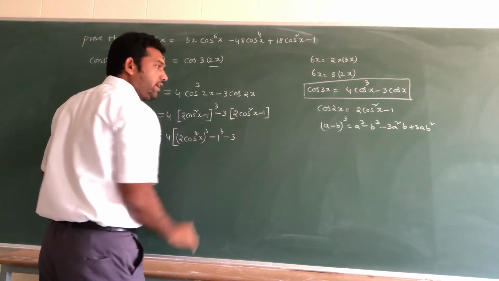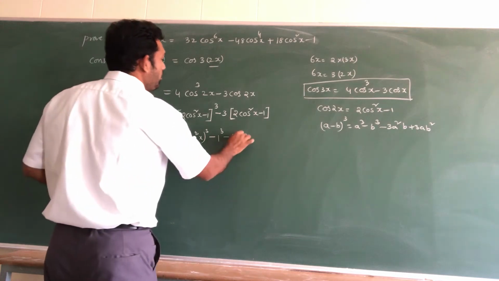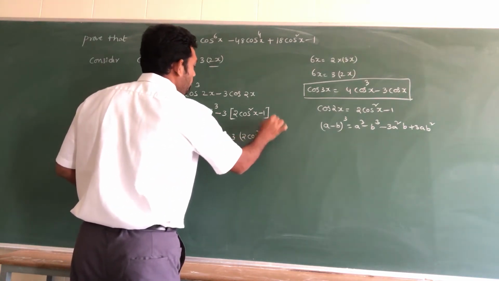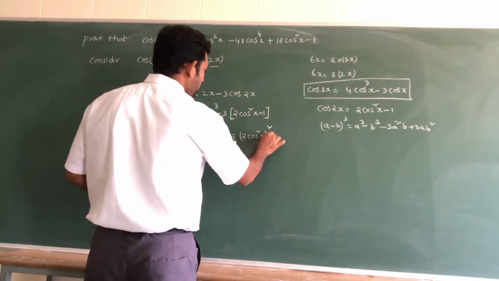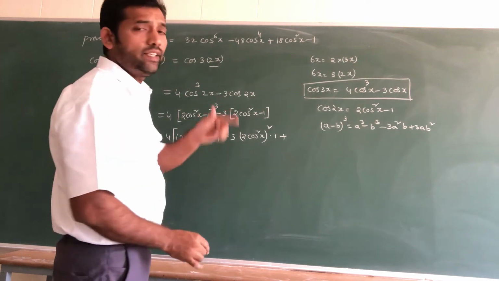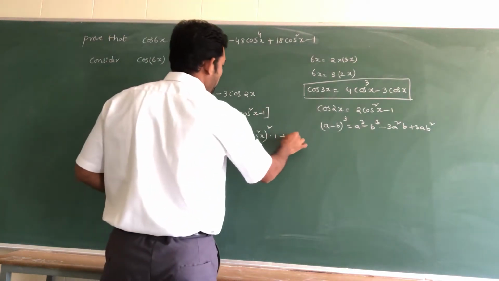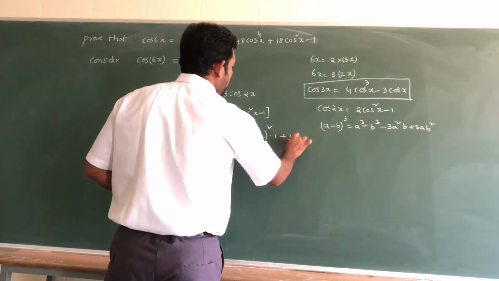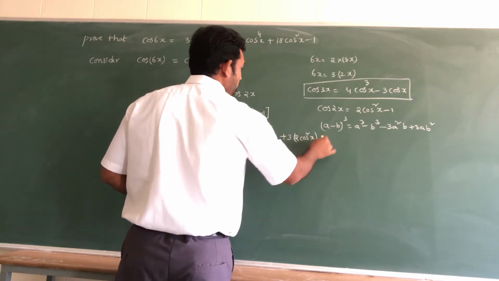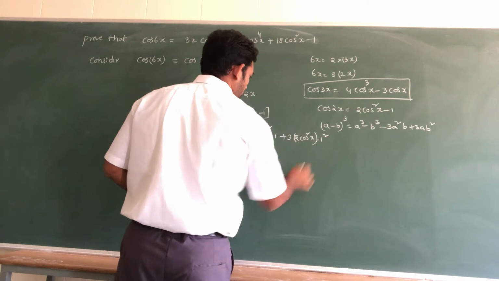Minus 3a square, which means (2 cos square x) whole square, next b value 1, so plus 3ab square, 3 into a value 2 cos square x into b value 1 square.